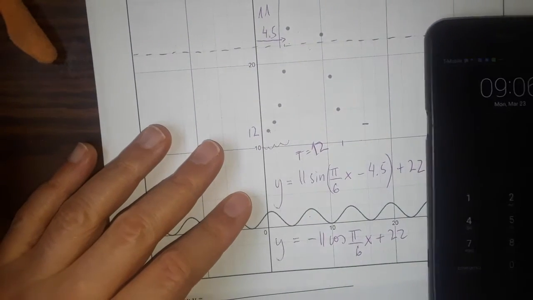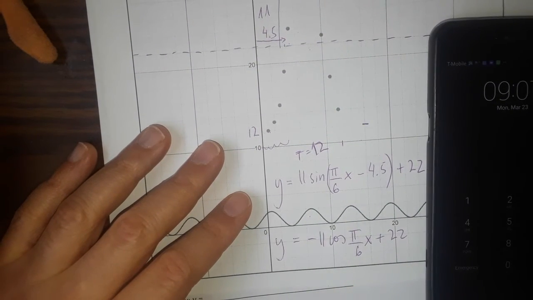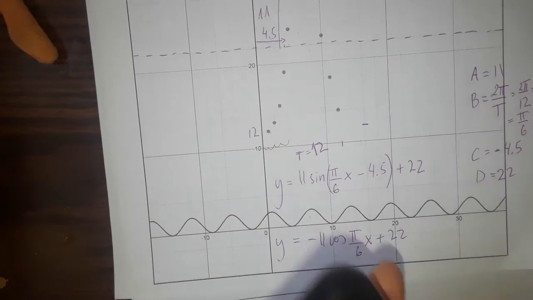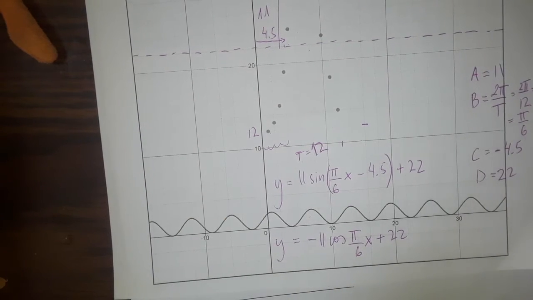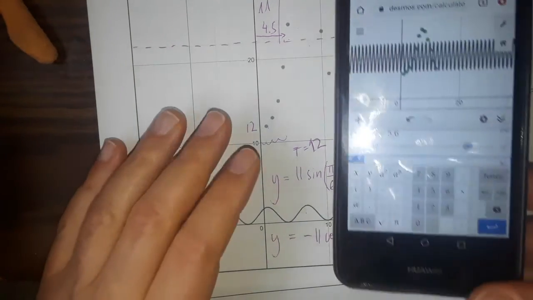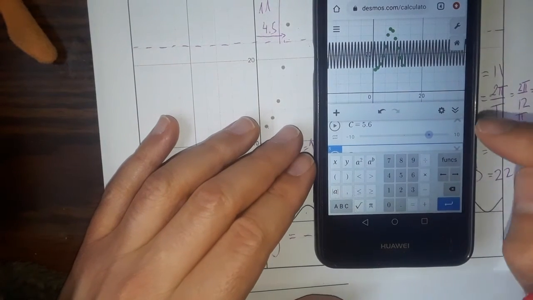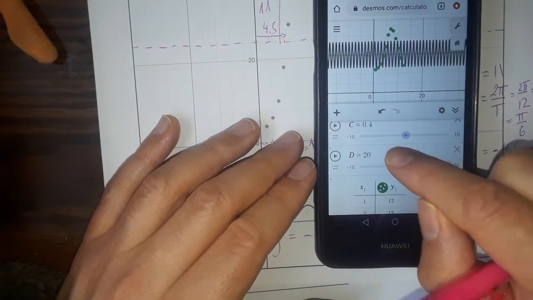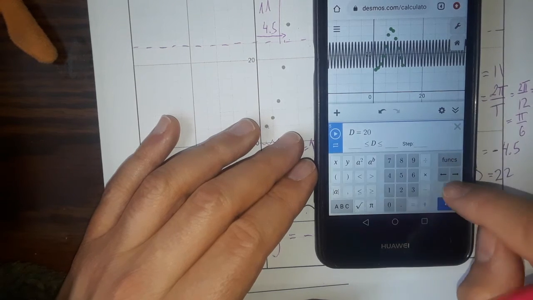Now let's check if this is right or not. Sorry for this, I have to unlock the phone here. Okay, so let's see if that's right. We said for D it's 22.